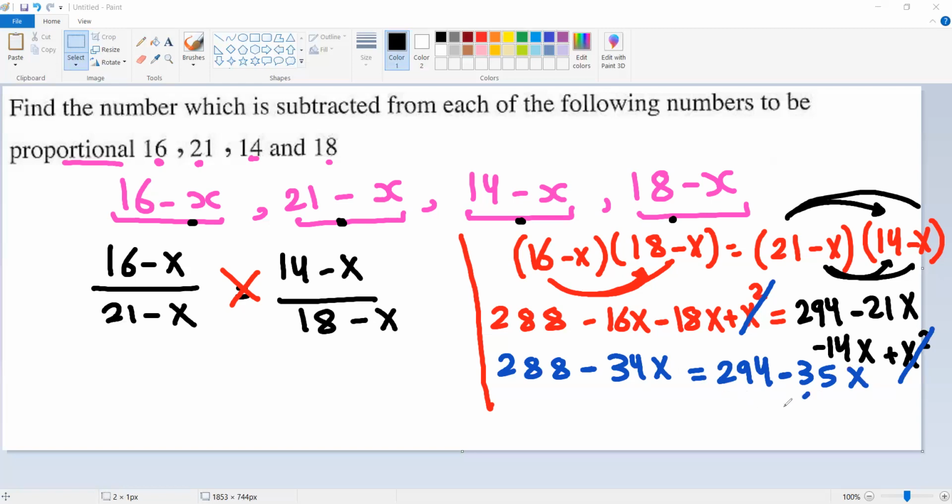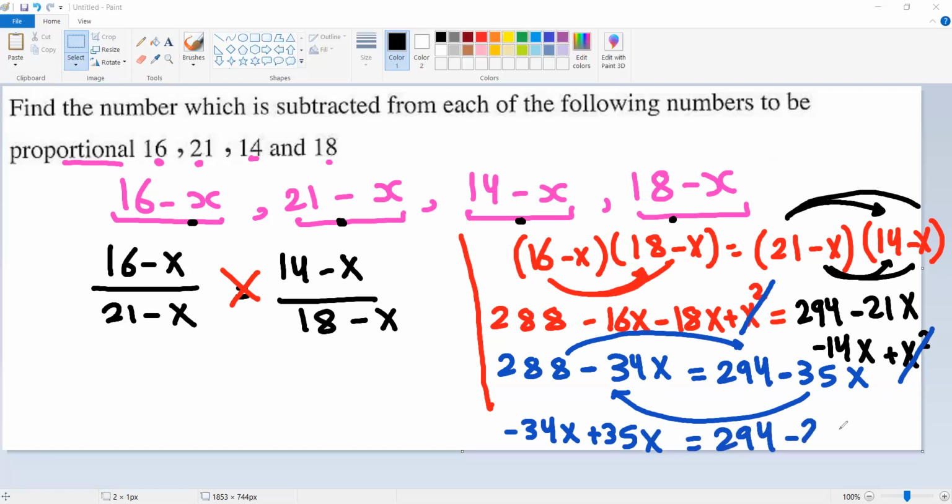Okay, move this and move this side. So negative 34x plus 35x is equal to 294 minus 288. Negative 34x plus 35x is x. 294 minus 288 equals 6.